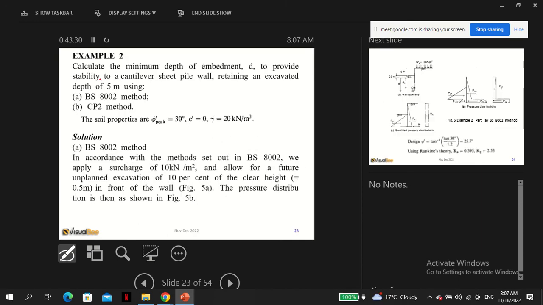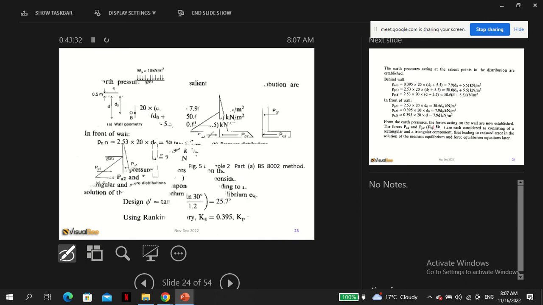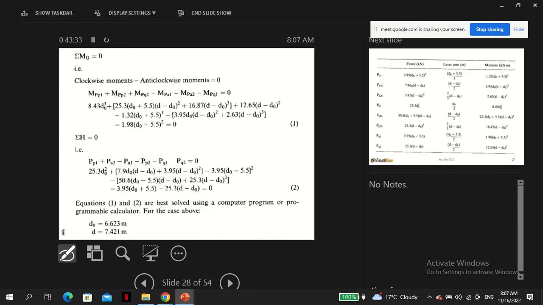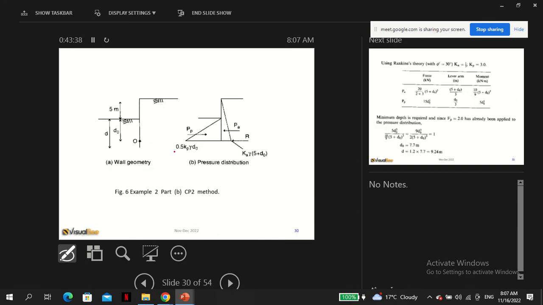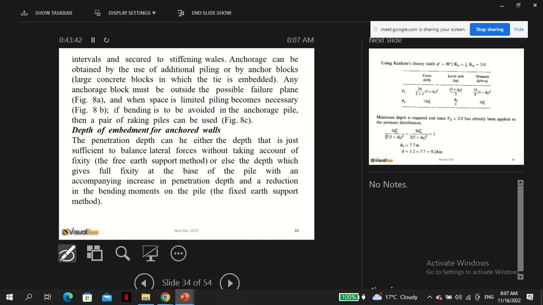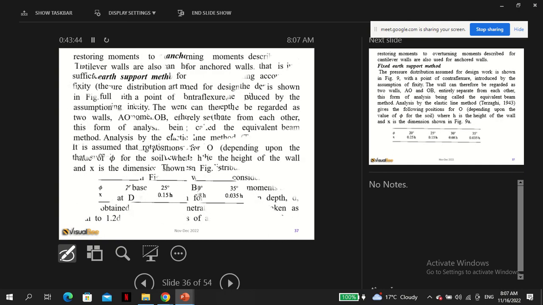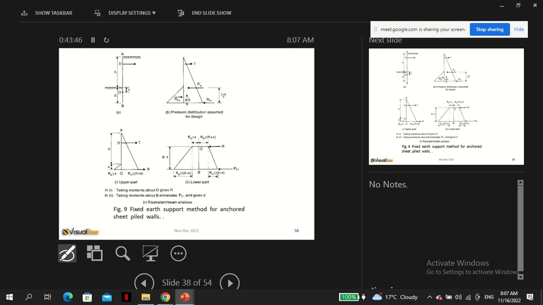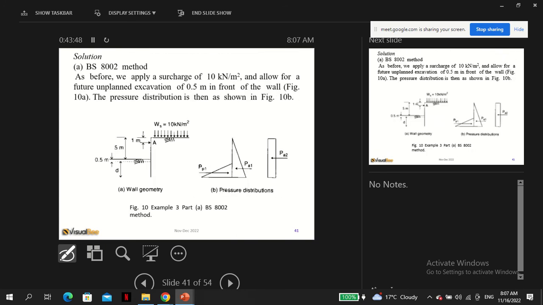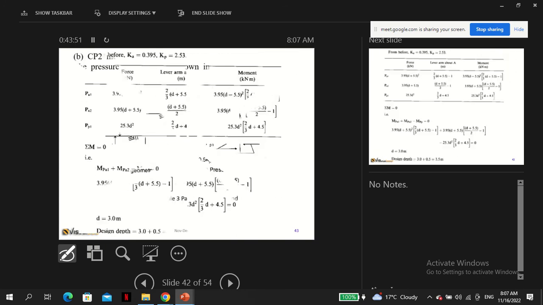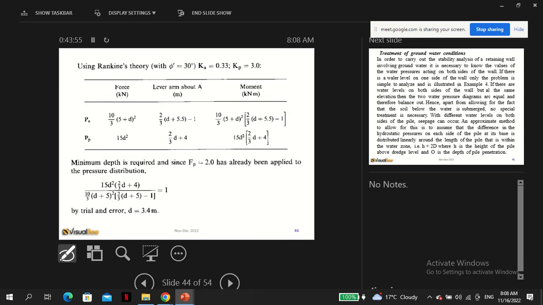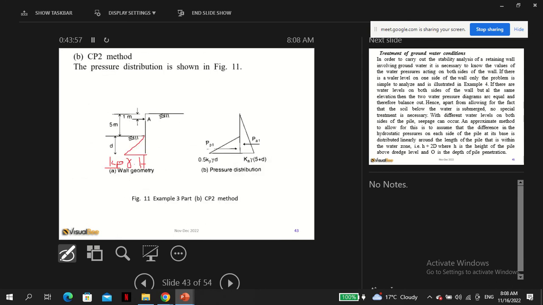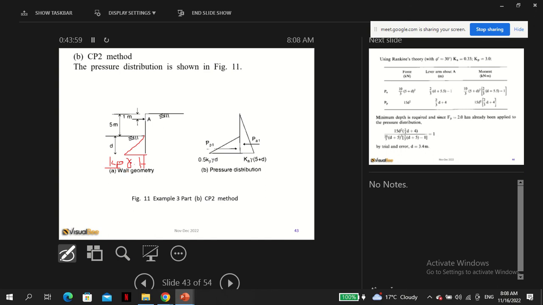So in this CP2 method, for the passive part, you have to reduce this value by half. Yeah. So here, this is Kp.